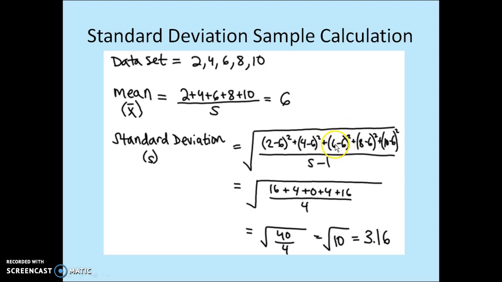I add it to my next data point, 6 minus my mean, 6 squared, and so on and so forth until I've done it for all of my data points. I then divide that sum by n minus 1, where n is the number of data points, 5, and I take the square root of the number that I get. So I end up with a square root of 10, which is 3.16 for this example data set.